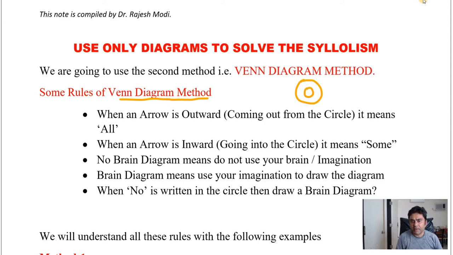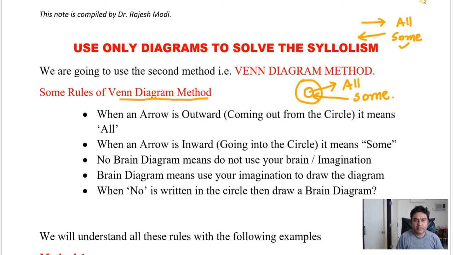When you draw an arrow outward, it indicates all, and when you draw an inward arrow, it indicates some. Are you clear? So the outward arrow is for a statement where all is involved, and the inward arrow is for a statement where some is written. Are you clear about the arrow?